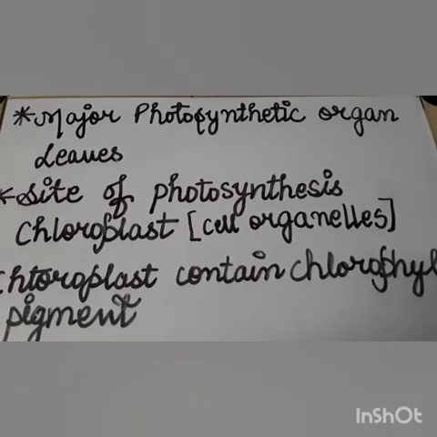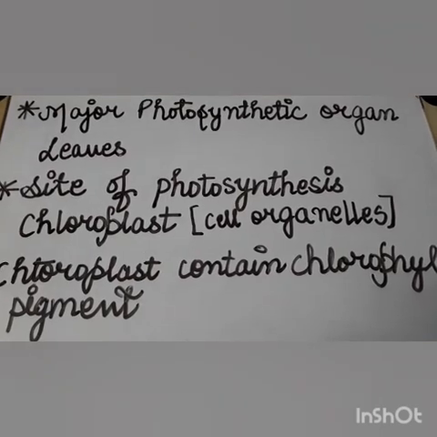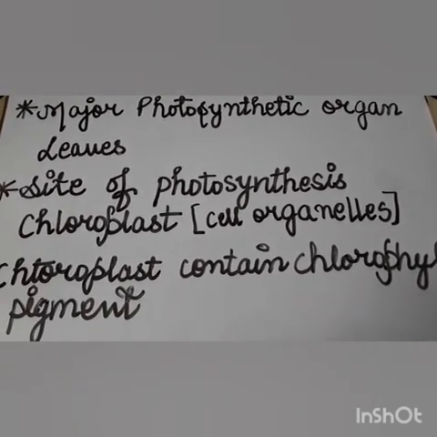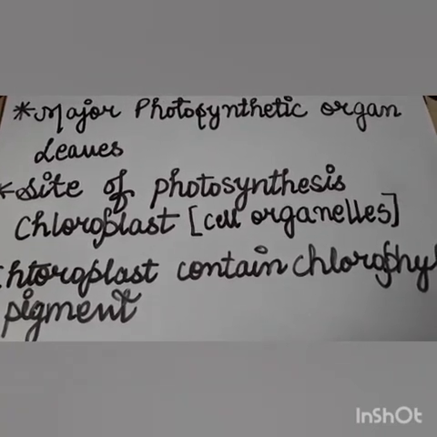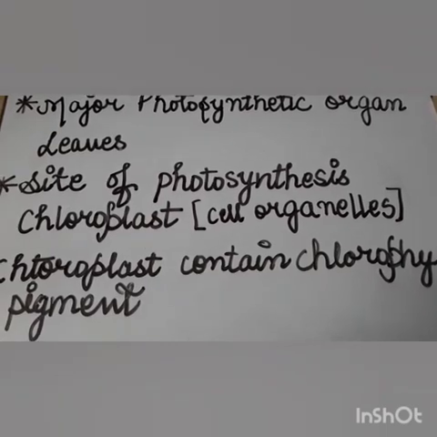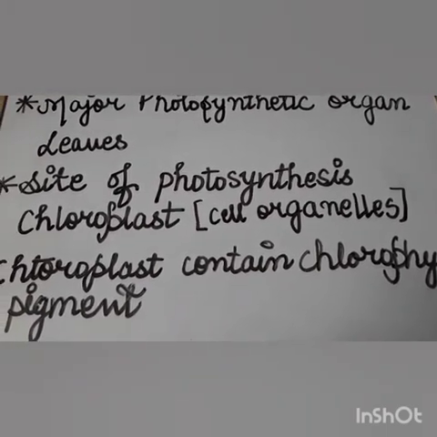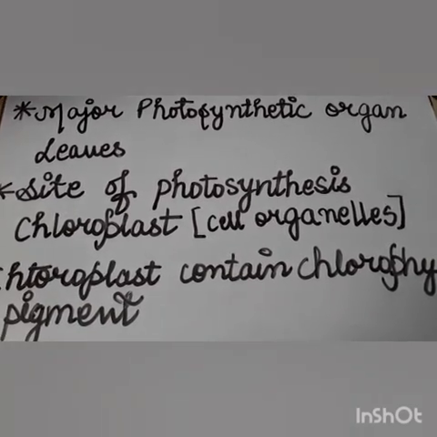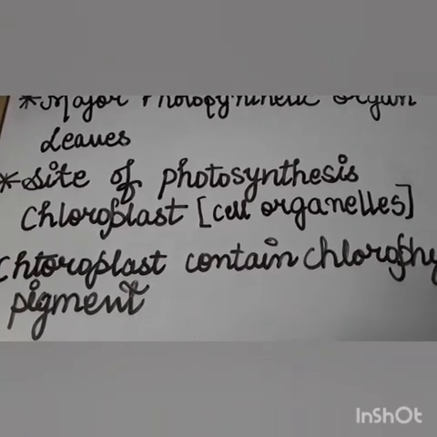So children, till now we have studied about photosynthesis. Photosynthesis occurs in the green parts of the plant, and leaves are the major photosynthetic organ. In leaves, photosynthesis occurs in chloroplasts, which are the site of photosynthesis.